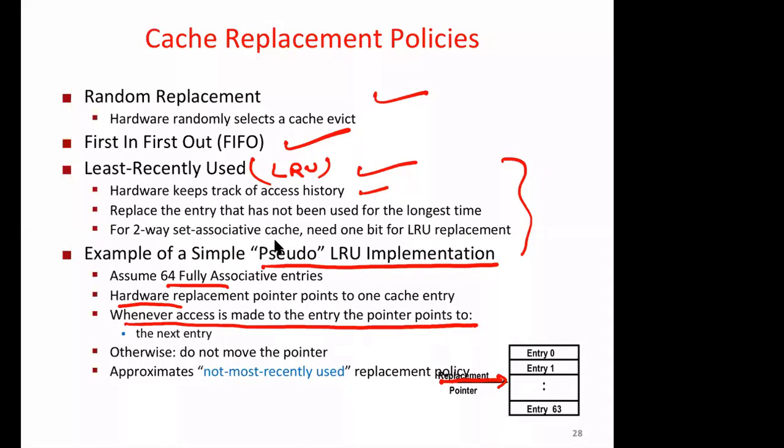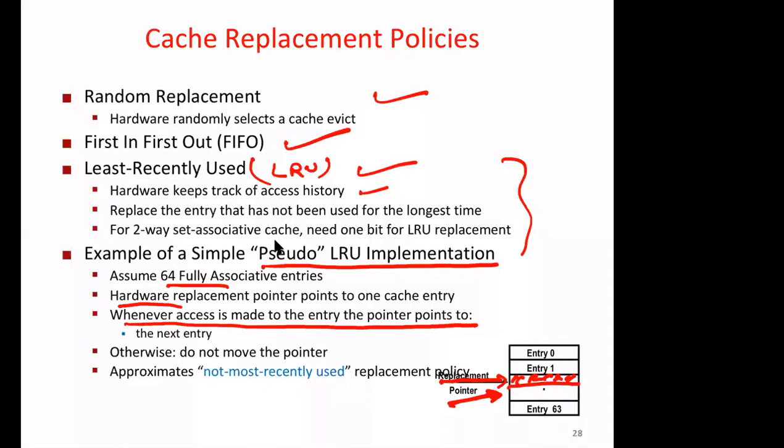So suppose the pointer is here, and then if the access is made to this one, then just move the counter to the next one. Otherwise, don't move the counter. Now, if you have to evict something, evict the one where the pointer is. So it means that the one which is recently being used will not be evicted.